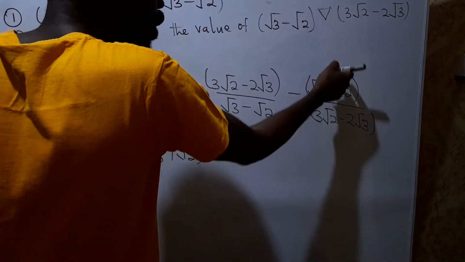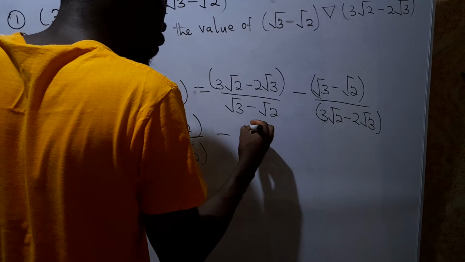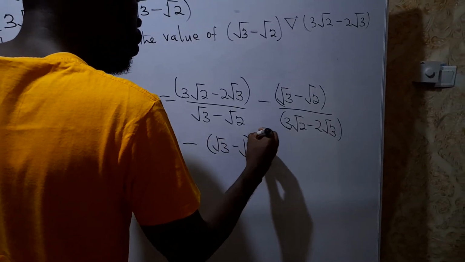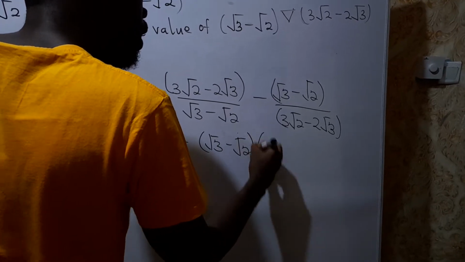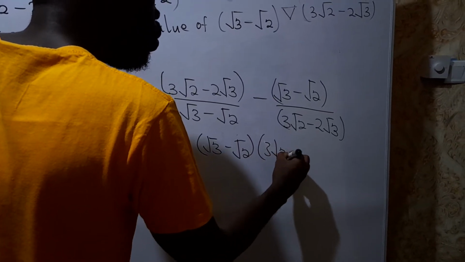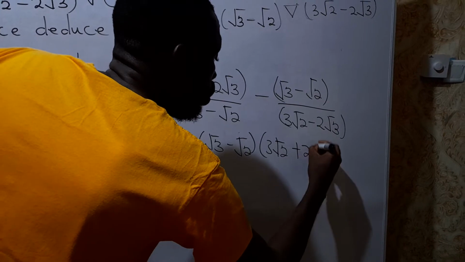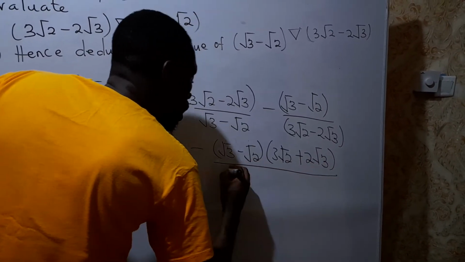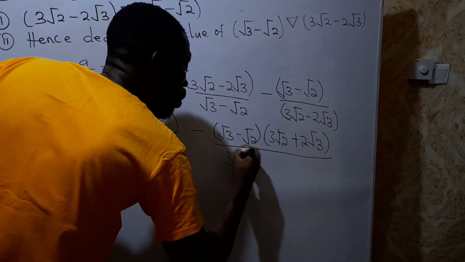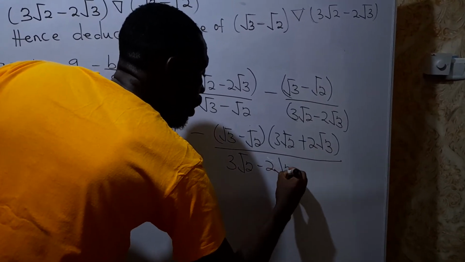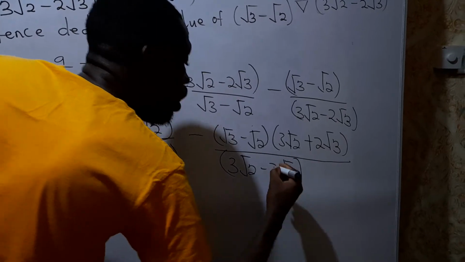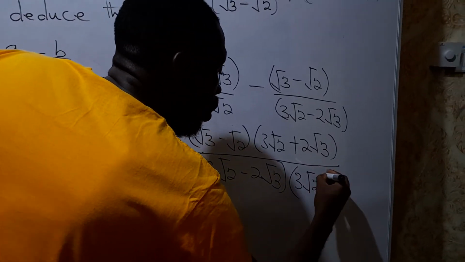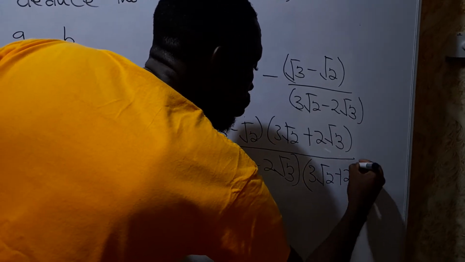We multiply both the numerator and the denominator by the conjugate of this. You have root 3 minus root 2 times 3 root 2 plus 2 root 3, all over 3 root 2 minus 2 root 3 times its conjugate, which is 3 root 2 plus 2 root 3.